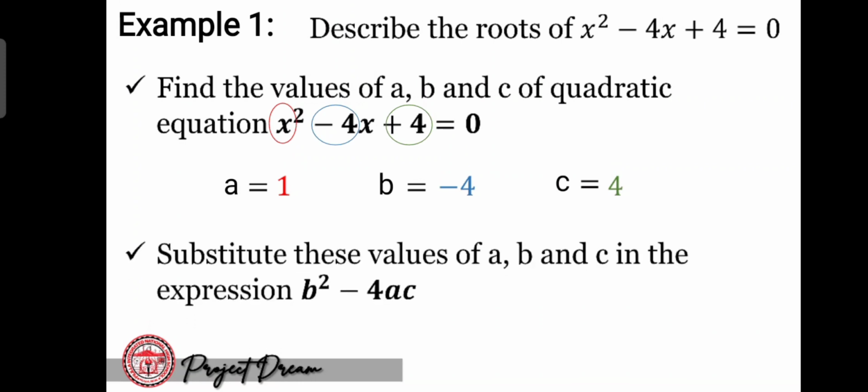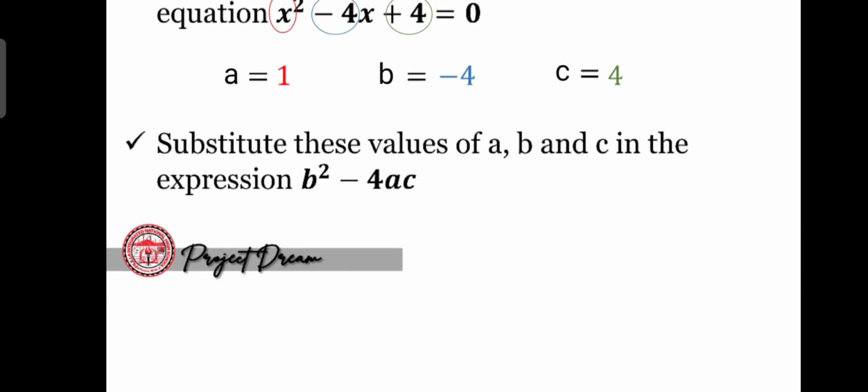Then, we will substitute these values of a, b, and c in the expression b squared minus 4ac. Let us write b squared minus 4ac is equal to, let us substitute the values of a, b, and c. Okay, the value of b is negative 4.